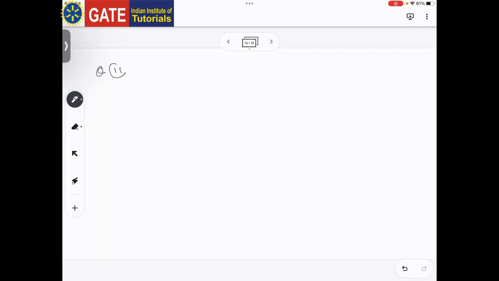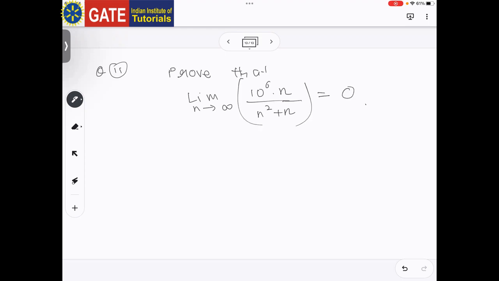Next question. Prove that limit n tends to infinity of 10 raised to the power 6 into n by n square plus n is equal to 0. Sir, in this N is equal to the greatest integer of 10 raised to the power 6 by epsilon.